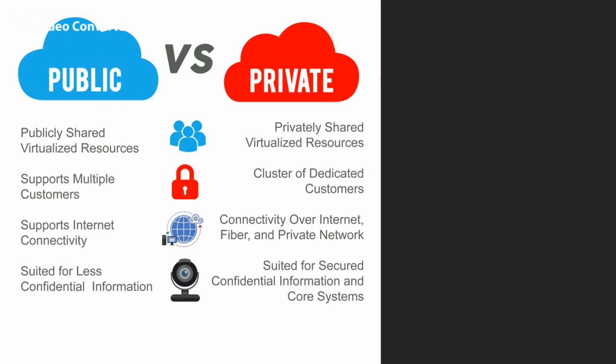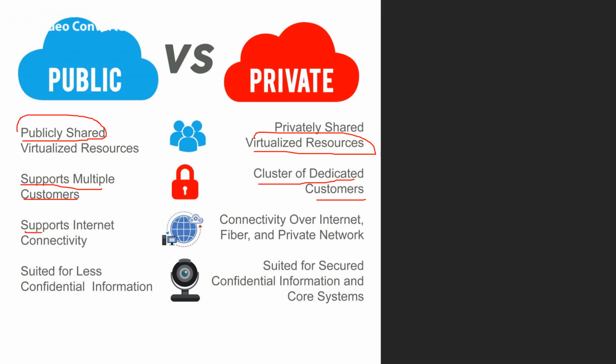Now let's look at the difference between public and private cloud. In the case of public cloud, the virtualized resources are publicly shared, but in the case of private cloud, the resources are shared privately. Public supports multiple customers, but private supports only dedicated and limited customers.